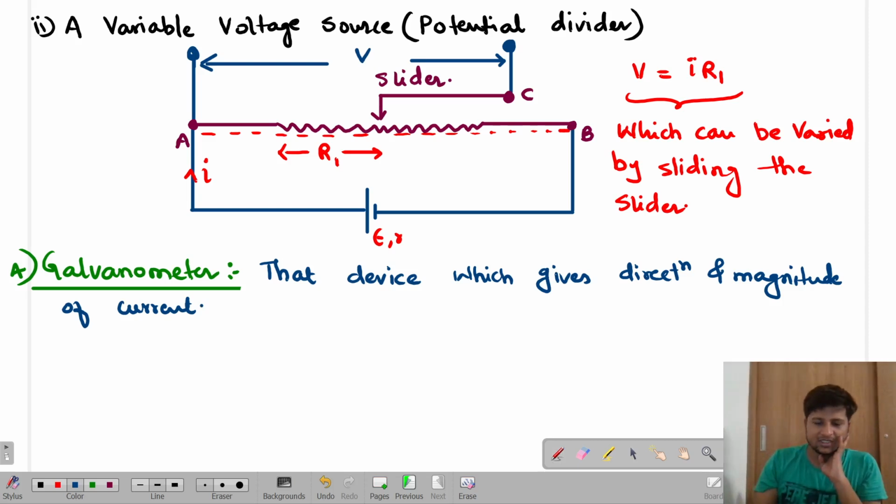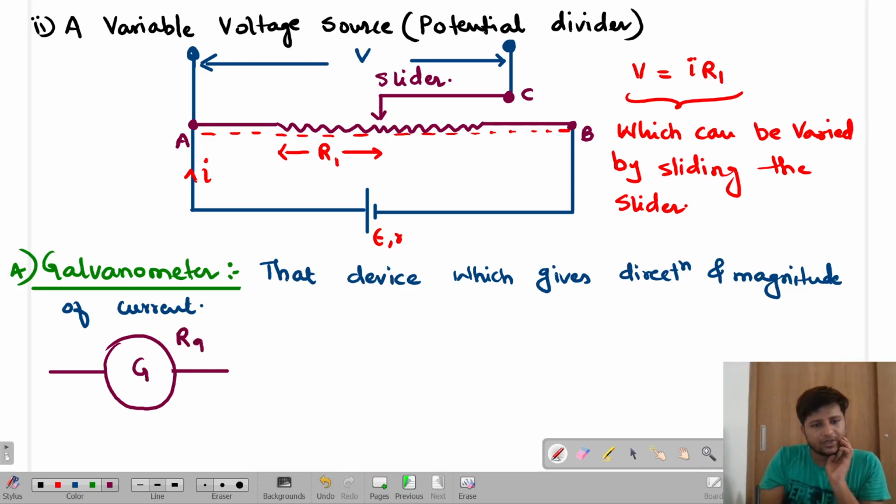How is it utilized? We will take one wire and its notation is something like this, and it will be written as G. And you know that a galvanometer will have some resistance Rg. I wrote it as Rg, and the current passing through it.